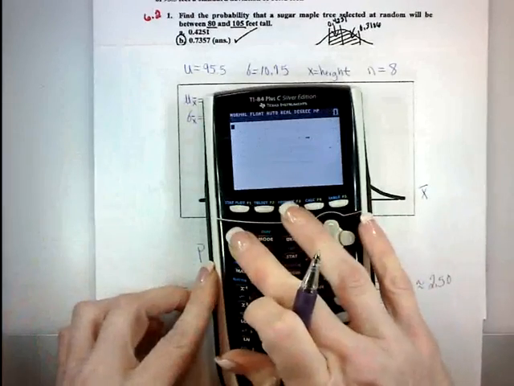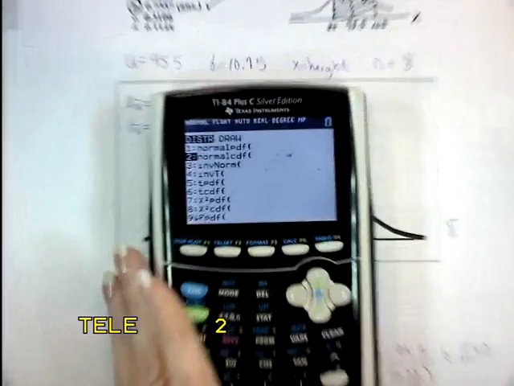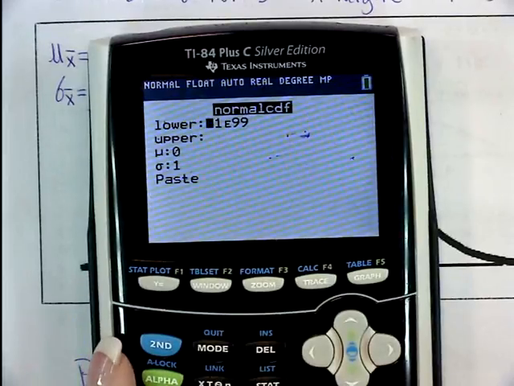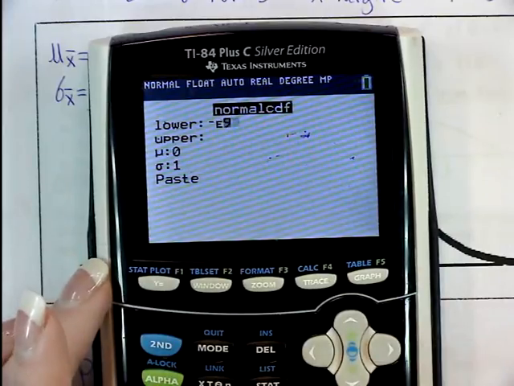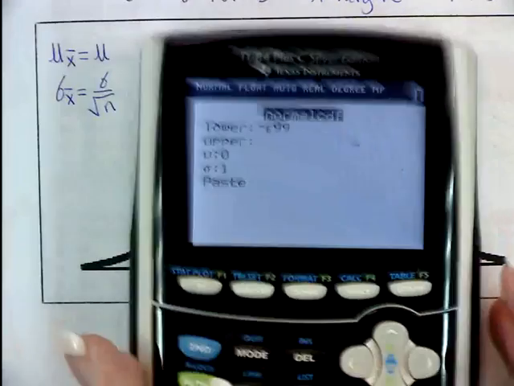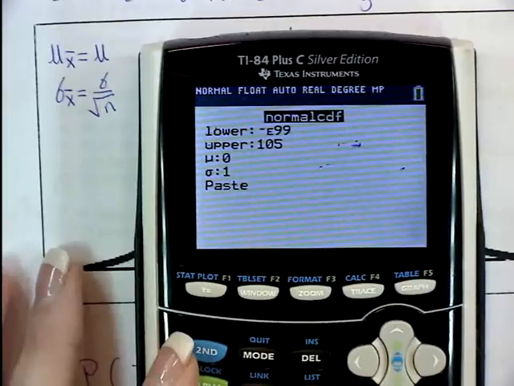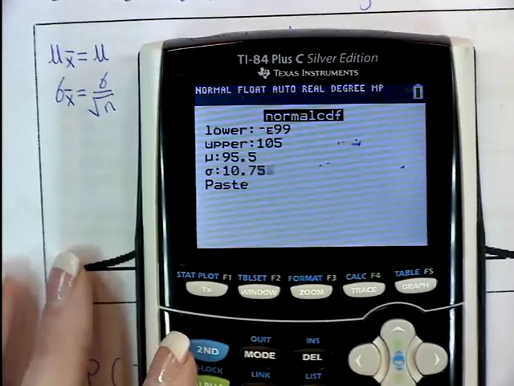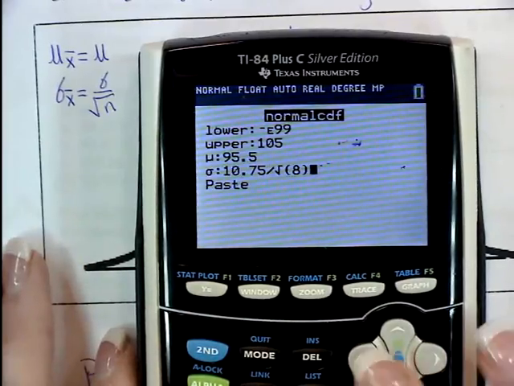With the calculator, you will go to second distribution, which is normal CDF, and press enter. And you will go from negative E99 on the X-bar axis all the way to an X-bar of 105. The mean is 95.5, but here for sigma, I have to put in 10.75 divided by the square root of 8, and then paste.